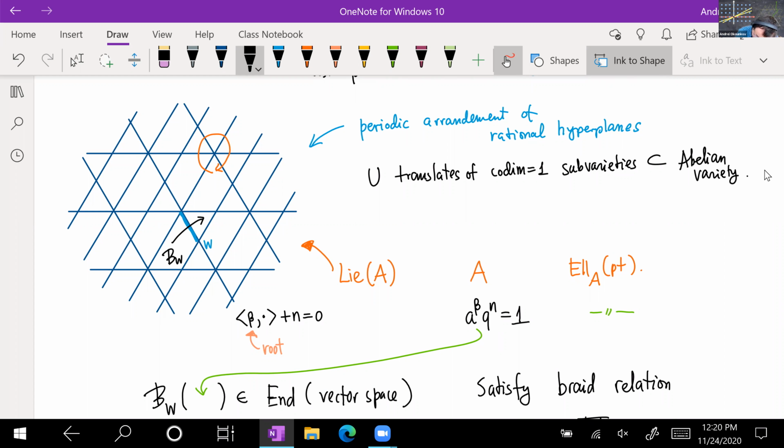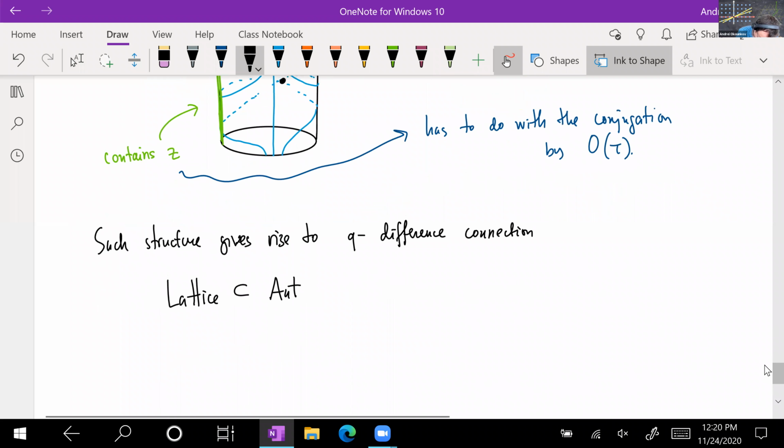So if I have a lattice, it really acts by Q difference operators.